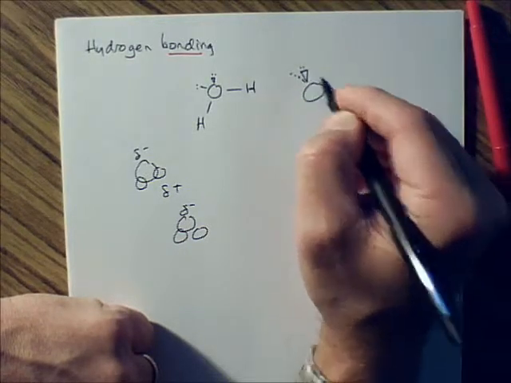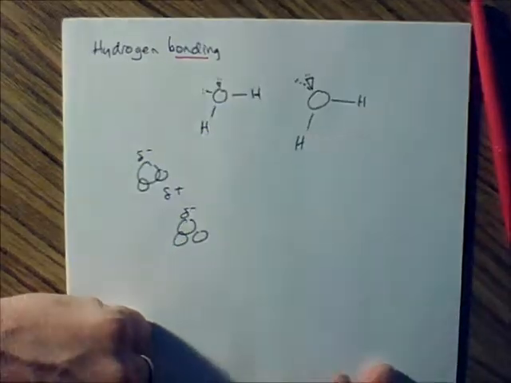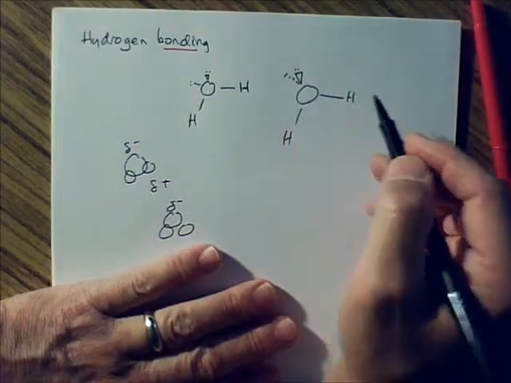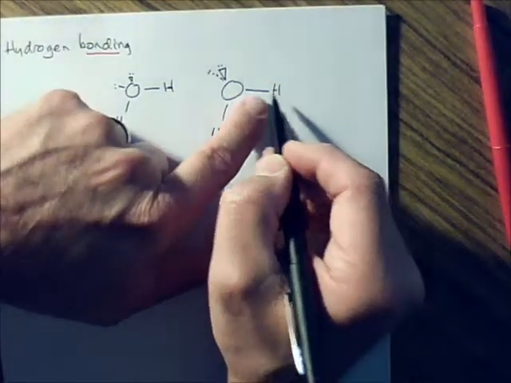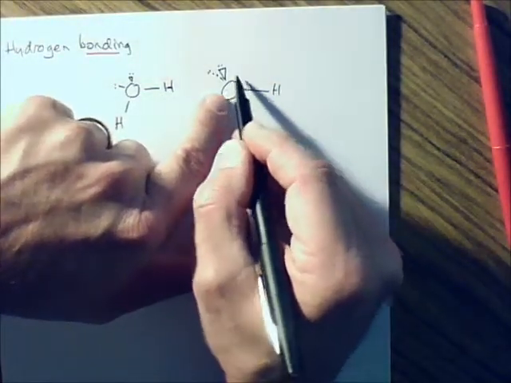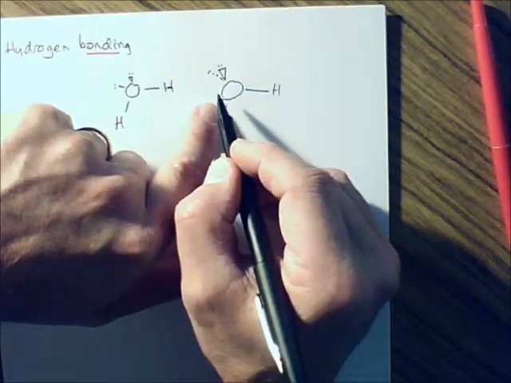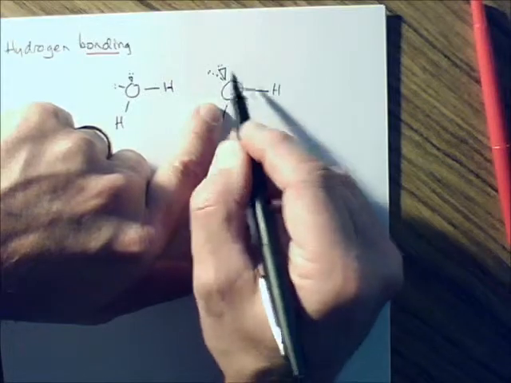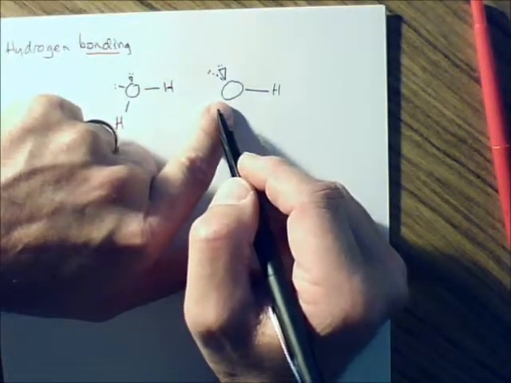Those are our electron pairs that are sitting up there. Hydrogens here and here. So in this water molecule, the oxygen is pulling on the electrons, so they tend to spend way more time over here than they do over there. So this is the partially negative end. The electrons over here make it even more partially negative.